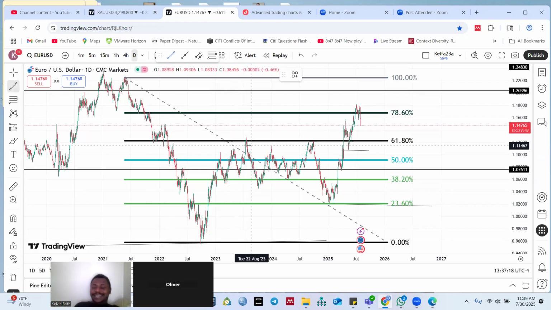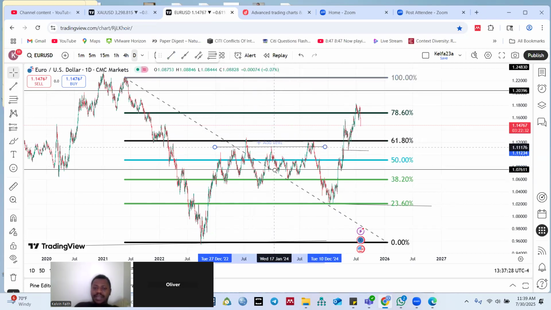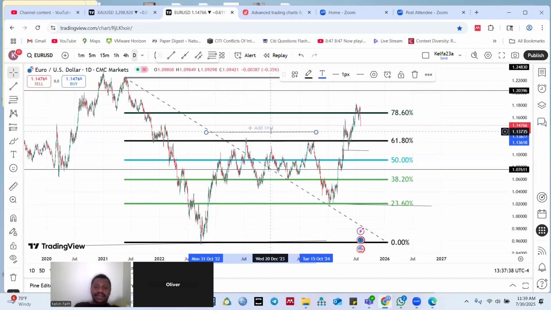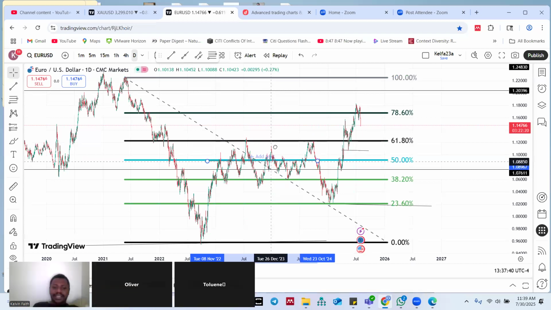But notice it is still within premium. It's inside the premium zone, sells. So you see price is selling. The buyers don't have power here, though price has been ranging in this place.